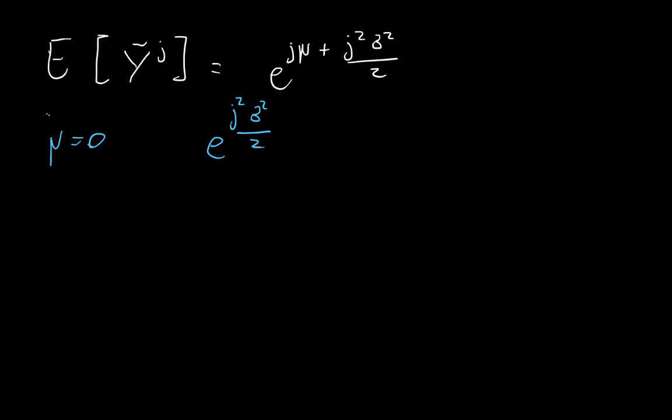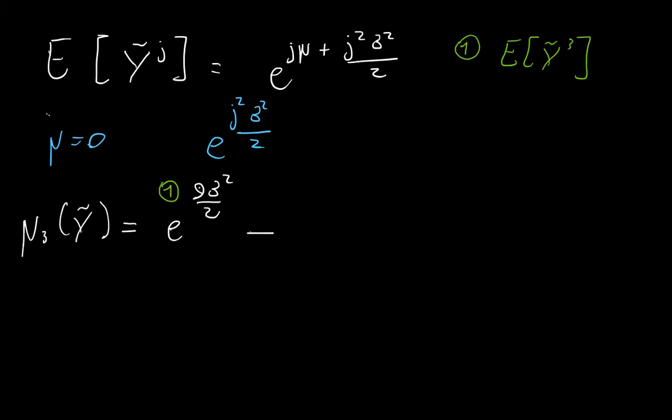From this result, therefore, we put mu equal to 0 and we simplify it to e to the power j square multiplied by sigma square divided by 2. Here we are going to simply apply what I've shown on the top of the slide, and put this result in the formula of the third central moment.